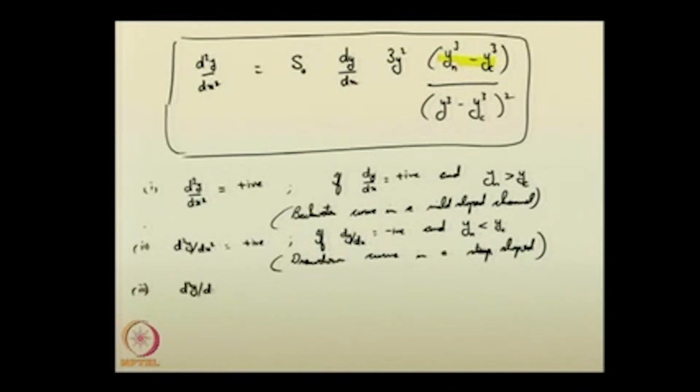The other thing: d squared y by dx squared is a negative value if dy by dx is negative and y_n is greater than y_c. So, this represents a drawdown curve in a mild slope channel.